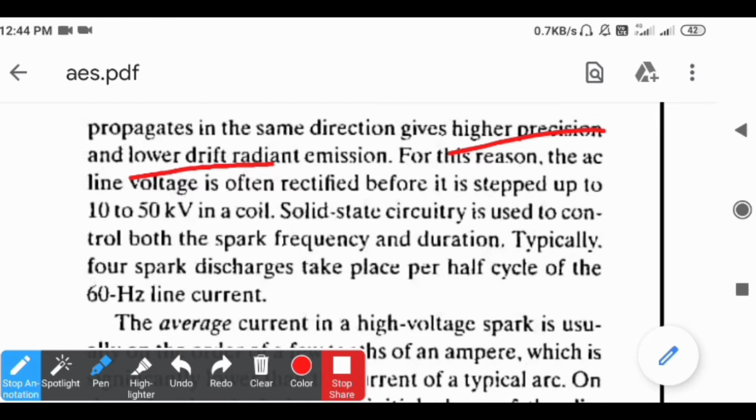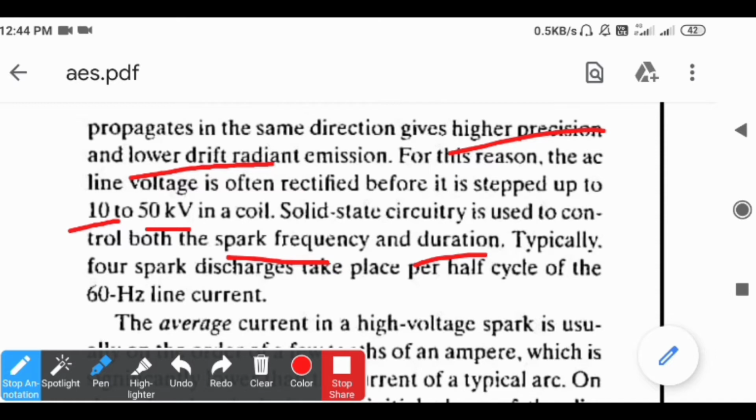For the generation of this very high voltage and low drift radiation, generally the AC voltage is stepped up to 10 to 50 kilovolt in a coil, and generally a solid state circuit is used for controlling both the arc frequency and the duration for the particular arc.